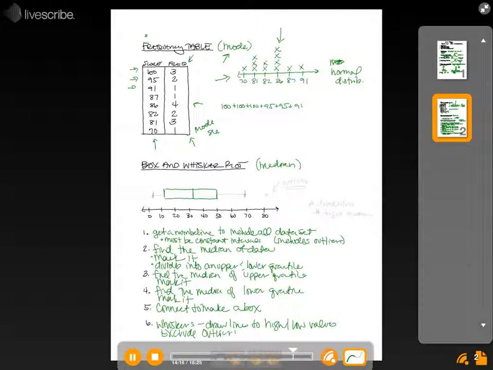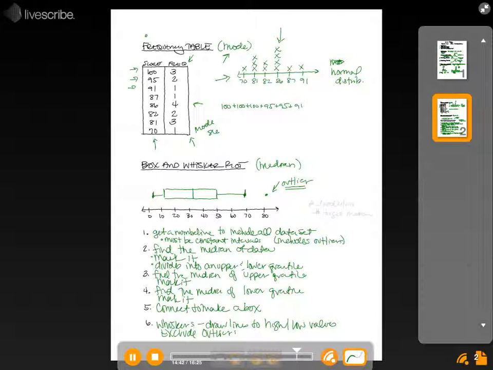So suppose I had an outlier here at 80. It didn't go with the rest of my data set. I'd put a dot there, but I would only draw a whisker to the next one. Let's say this is at 5. That's how my box and whisker would look. This would be an outlier. Now you may or may not have outliers, so it's something that you need to watch for.